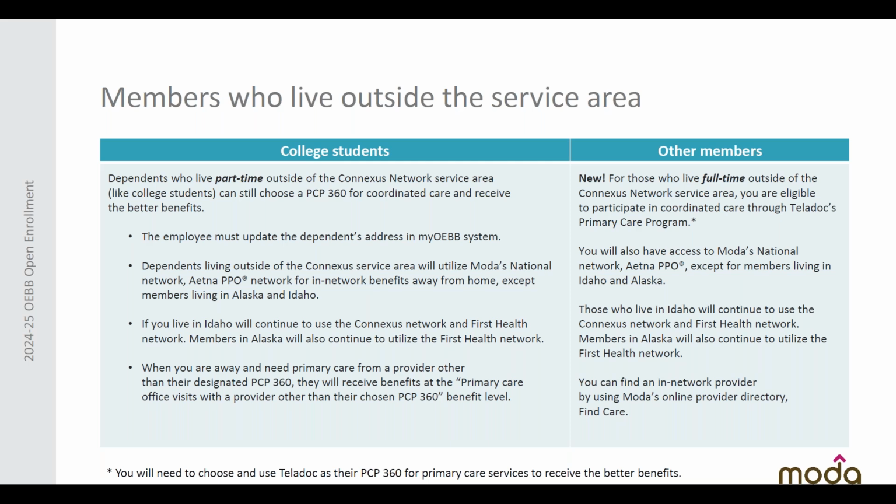So dependents living outside the Connexus service area will utilize Moda's national network and a PPO to receive in-network benefits away from home, except for members living in Alaska or Idaho. If you live in Idaho, you'll use our Connexus network and First Health. Members in Alaska will use our First Health network.